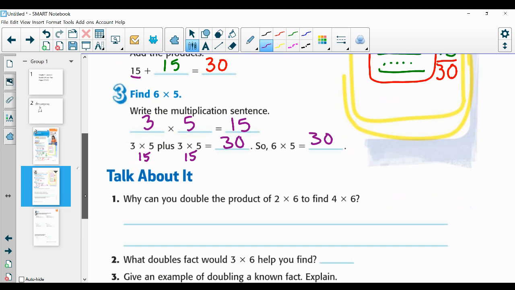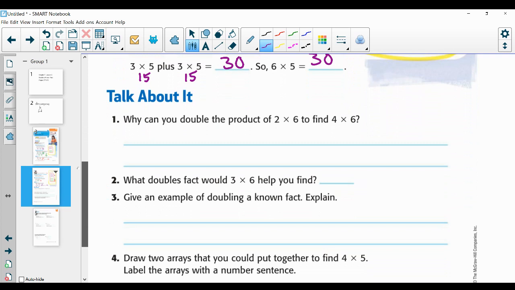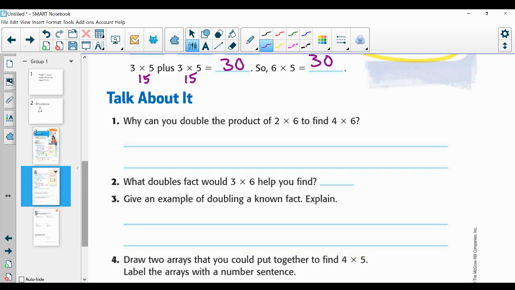Okay, why can you double the product of 2 times 6 to find 4 times 6? Well, you can double the product of 2 times 6 to find 4 times 6 because if you double 2, it equals 4.